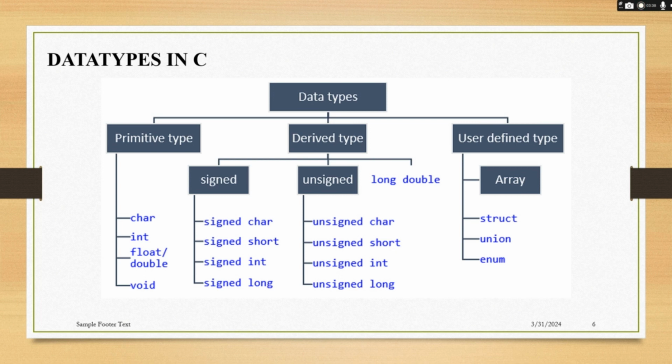There are many data types: primitive data type, derived data type, and user-defined data type. In primitive data types, they are classified as char, int, float, and void. In derived data types, they are also categorized by signed and unsigned. And in user-defined data types, there are array, struct, union, and enum. Let's move on.